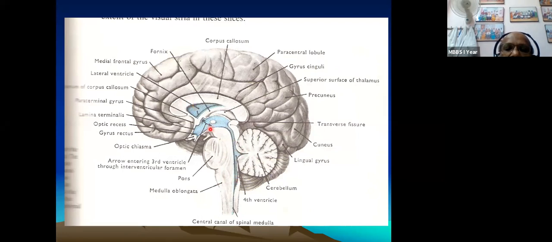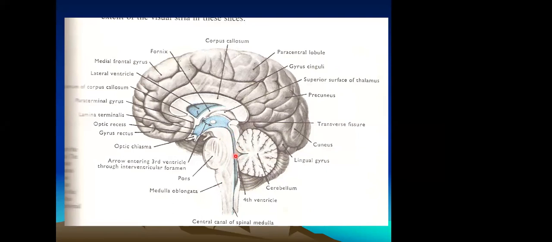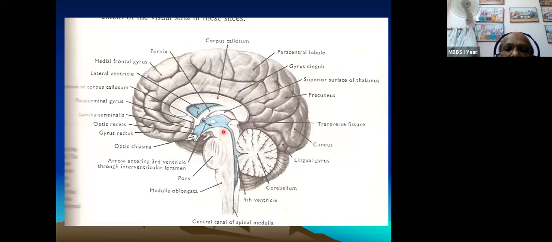Lateral ventricle, third ventricle, aqueduct of Sylvius, and this is your fourth ventricle. The aqueduct communicates the third ventricle and fourth ventricle. This is called the roof of the fourth ventricle, formed by the cerebellum. This is called the floor of the fourth ventricle, formed by the pons as well as the medulla, the dorsal part of pons and dorsal part of medulla.